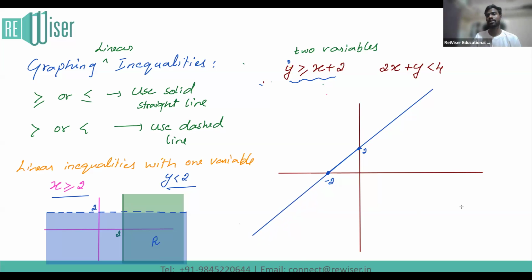So if I have this straight line, I can clearly see y is greater than or equal to x plus 2. That means the y coordinates have to be greater. Whenever y is greater, you have to shade the region which is above this line.